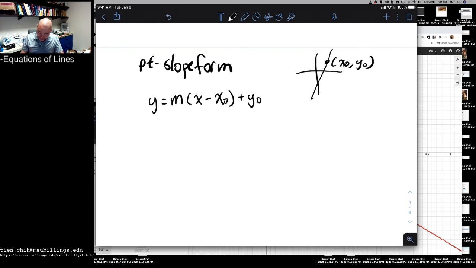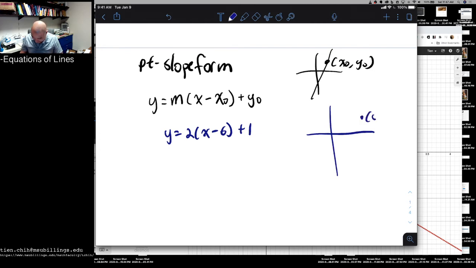So to see why this is a sensible way to express a linear function, let's work out a concrete example. y equals 2 times x minus 6 plus 1. And what this is telling me is that this is trying to describe a line that passes through the point 6, 1 with slope 2.